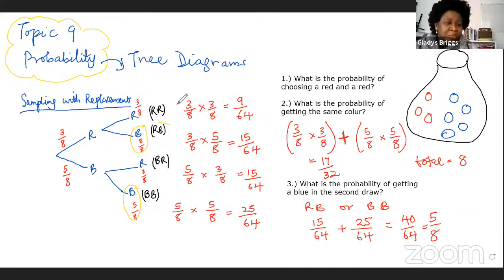Okay, let me give you one to two. Clear all my drawings. A bag contains 9 colored beads.